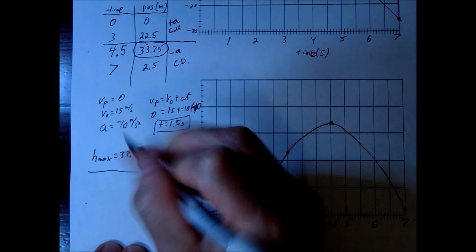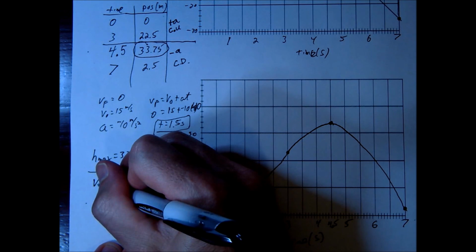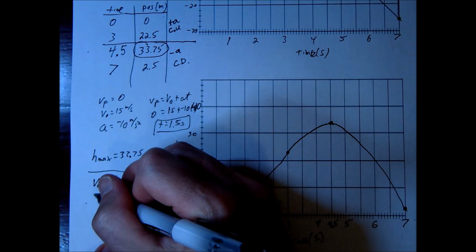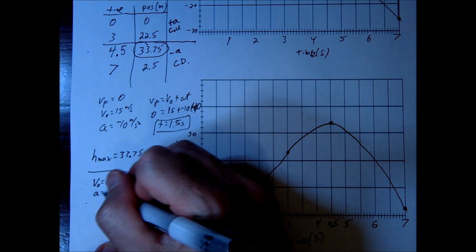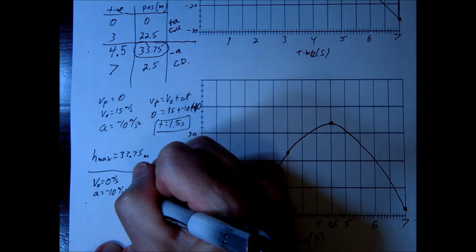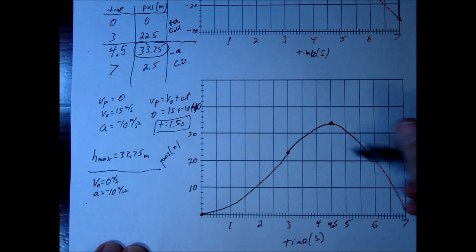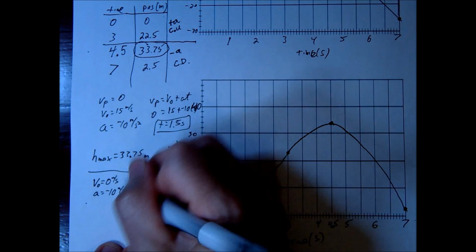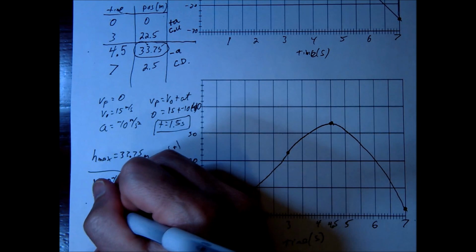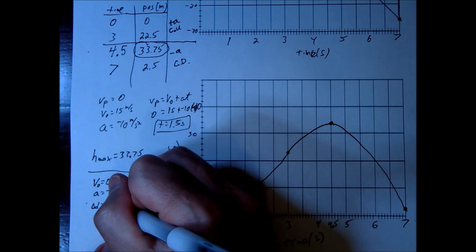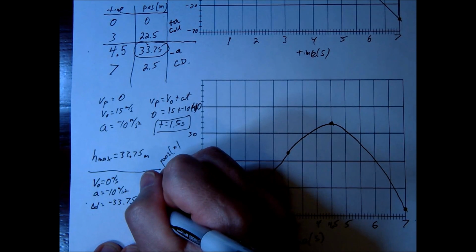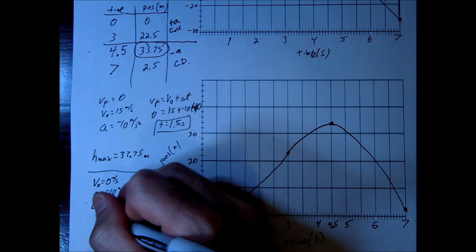So let's go ahead and set up what we know. We know our v initial is going to be 0 at the peak. We know the acceleration is -10. And we know the height it's going to drop, right? It's dropping that 33.75 distance, so delta D is going to be negative because it is dropping, and we're looking for time.